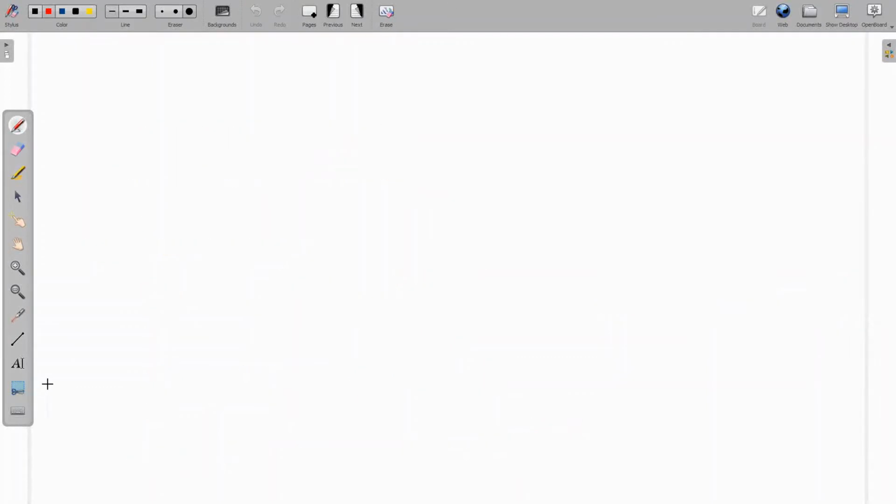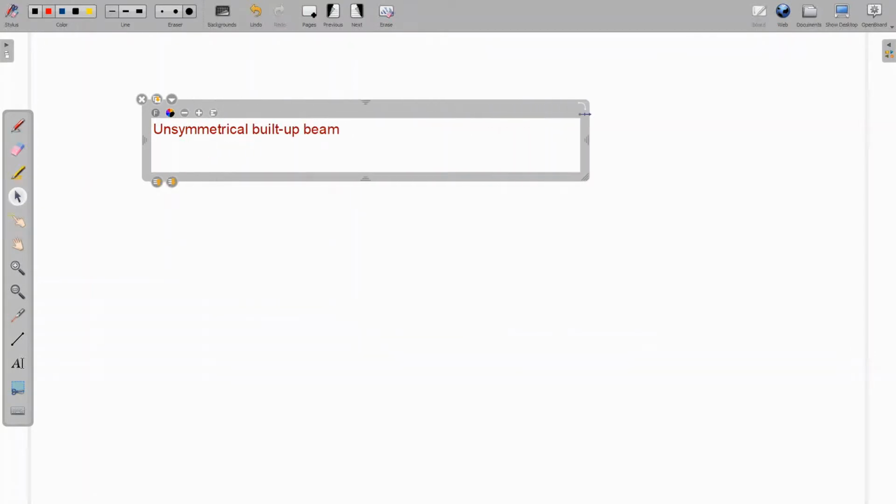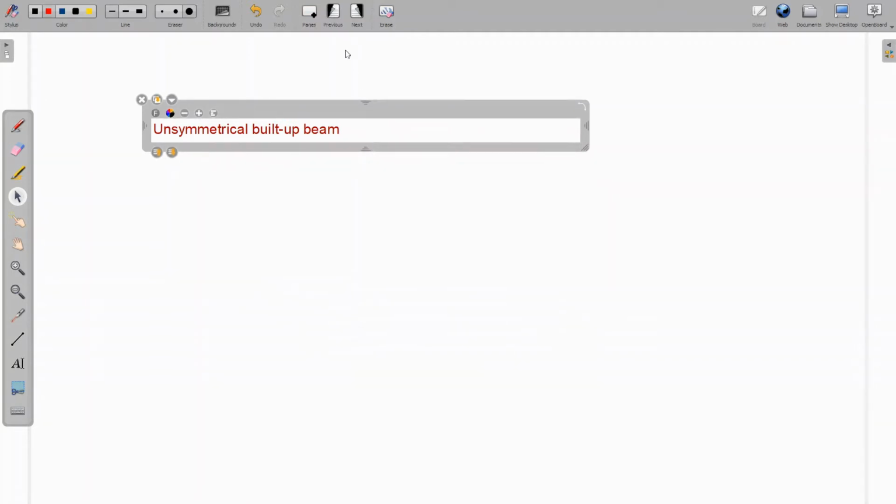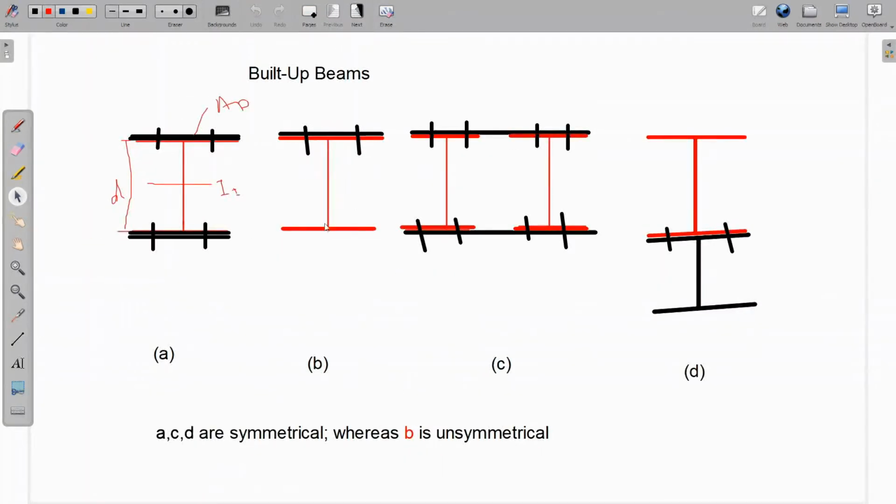Now next, see the unsymmetrical built-up section. In the case of an unsymmetrical built-up beam, we need the area on one side.